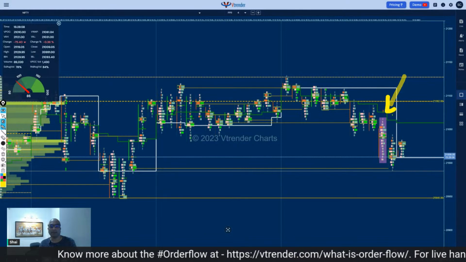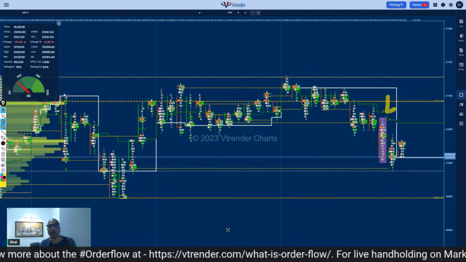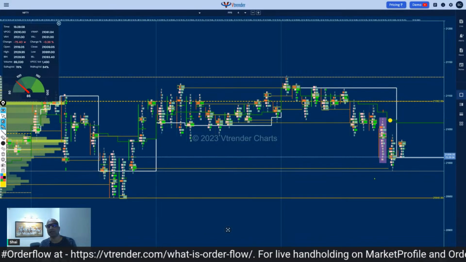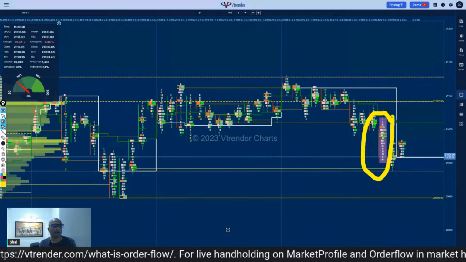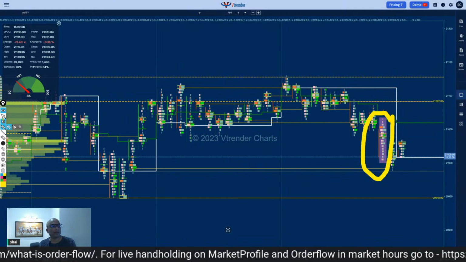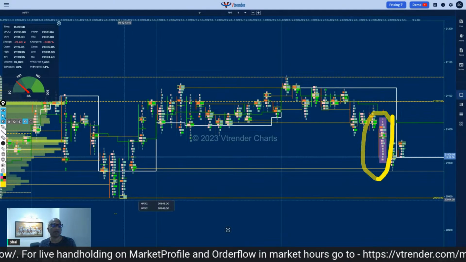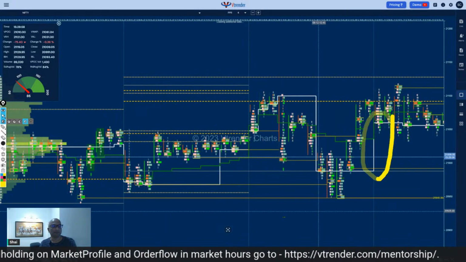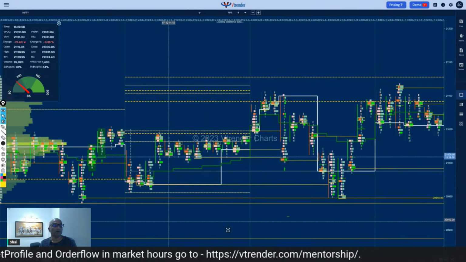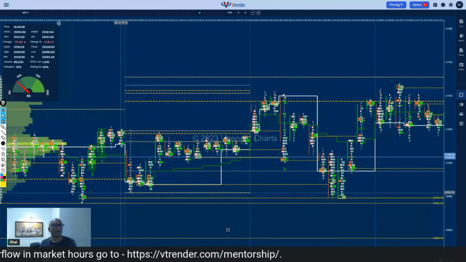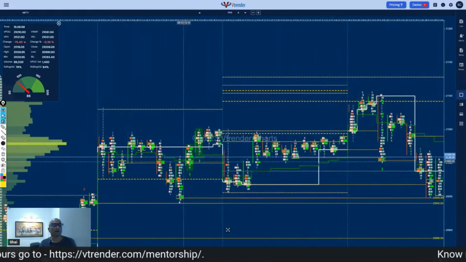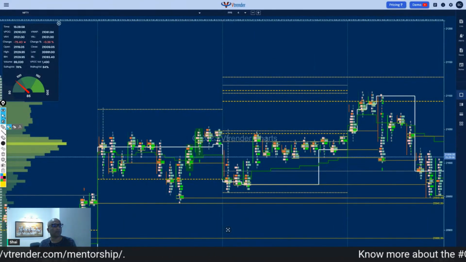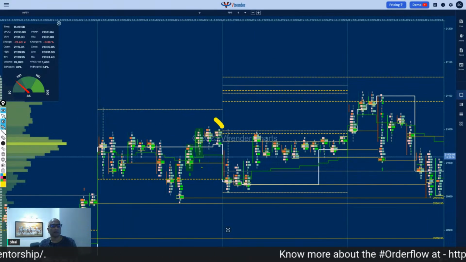I'll talk to you about what actually to do with this IS bar in a minute, but it helps us track where the momentum of the market is. So if I pan left and go up, there were two more IB bars over here 2 days before.